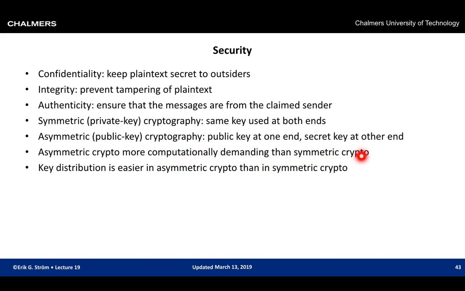The problem with symmetric crypto is essentially key distribution, how to do that in a smart way. There are also some other disadvantages with symmetric crypto. Common schemes combine symmetric and asymmetric cryptography to gain the best of both worlds. We talked about that, and you can look at the slides for more information.